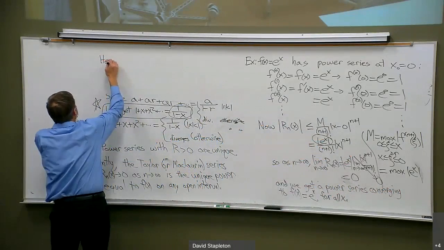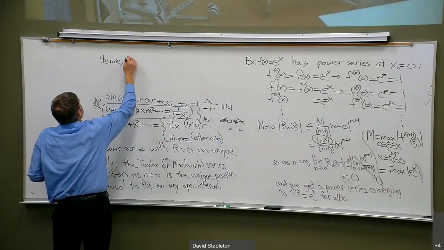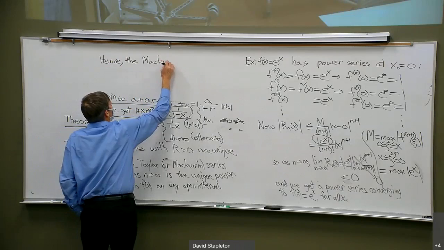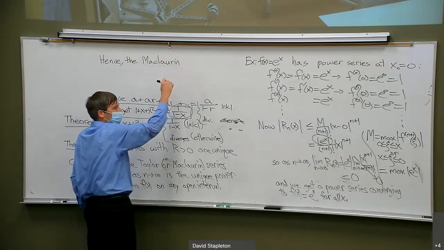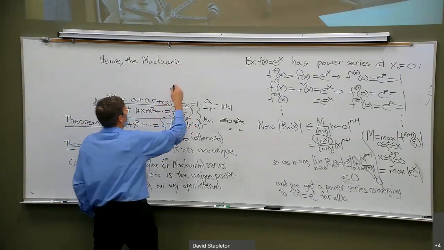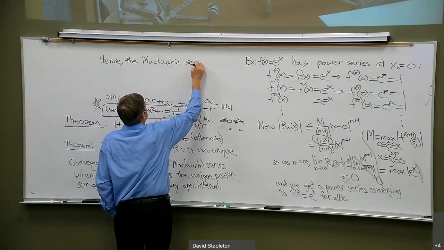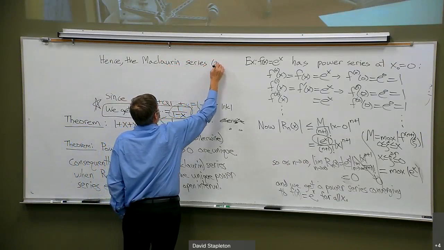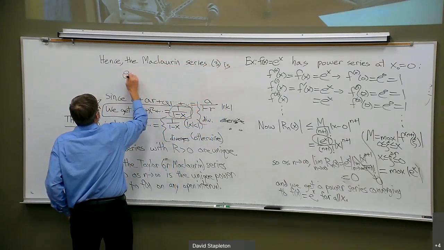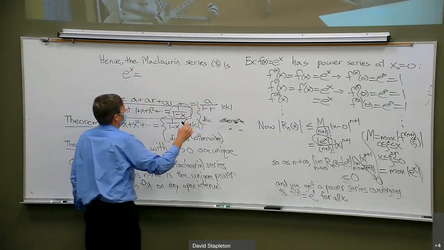Hence, the Maclaurin series, we have to go back to 2 here, or maybe it's 3. I can't remember. 2 was the Taylor series. I think I wrote 3 separately for Maclaurin. The Maclaurin series 3 is e to the x equals, and here it is written out, right?